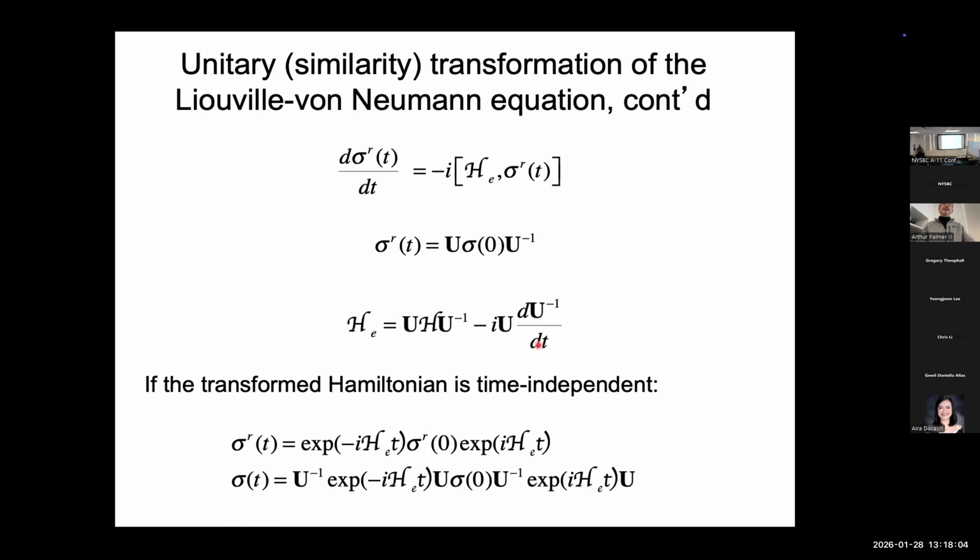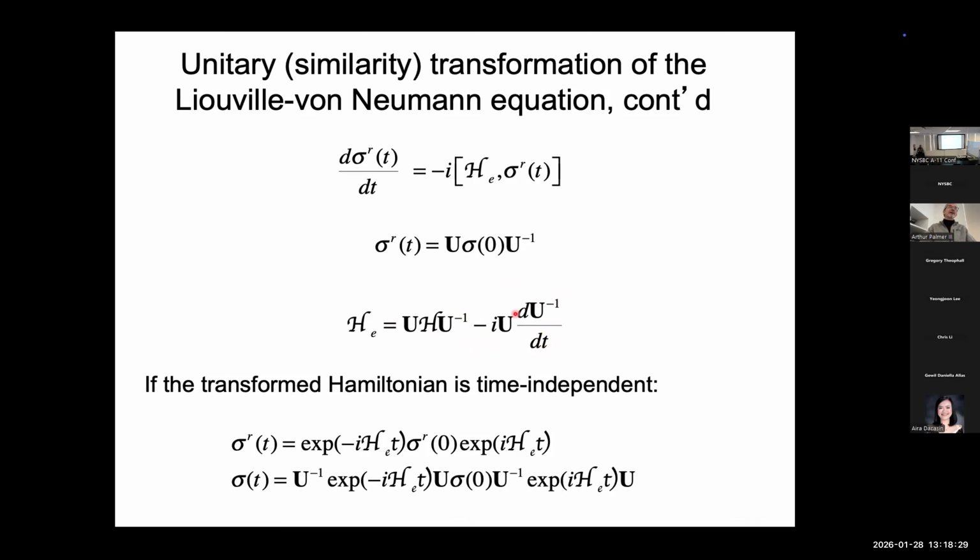And in that new frame, the rotating frame, the net force looks to be zero, so you just are pinned against the wall. So here, the same thing is happening. If U is time dependent, there's now some fictitious component of the Hamiltonian in the new frame.